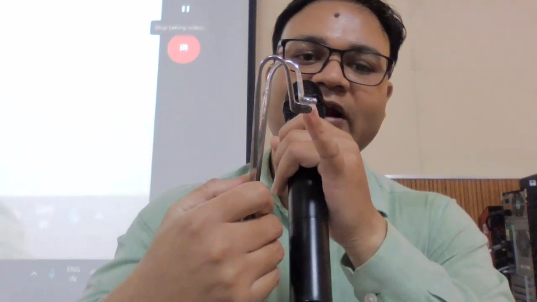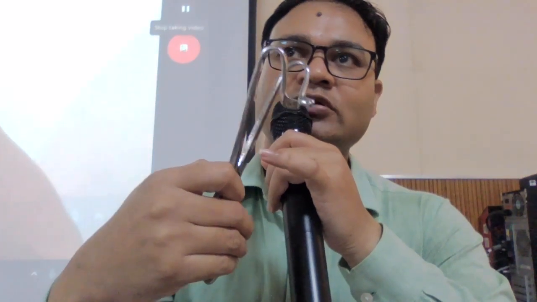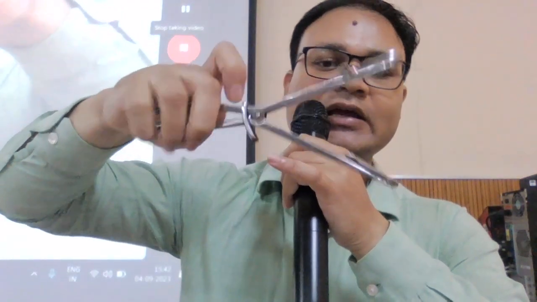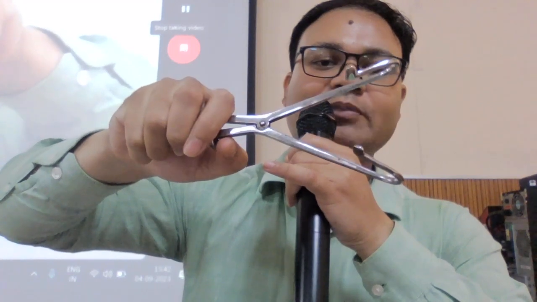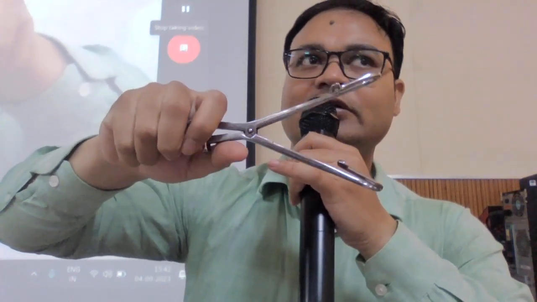The blades are bent like a hook, and the tip is flattened to grip against the tooth. When you press it, it will open like this, and this ring can be slid distally so that it keeps it in position. It is sterilized by autoclaving.